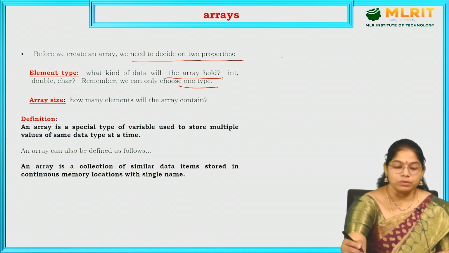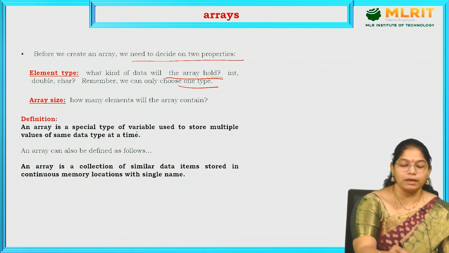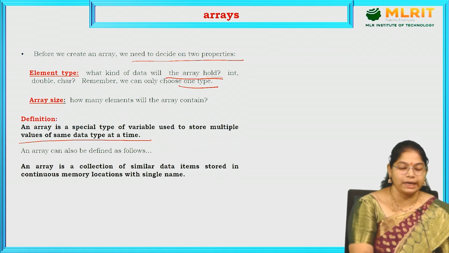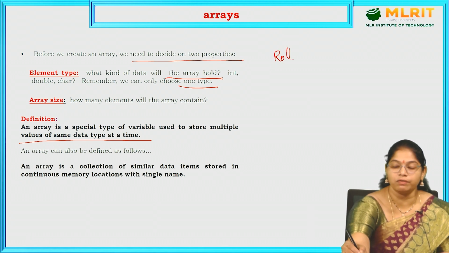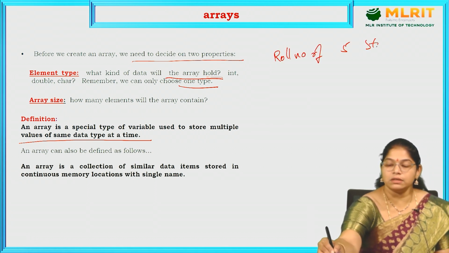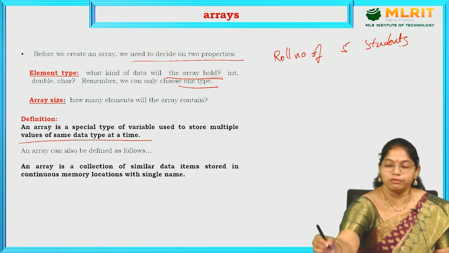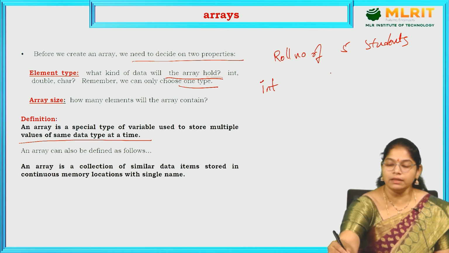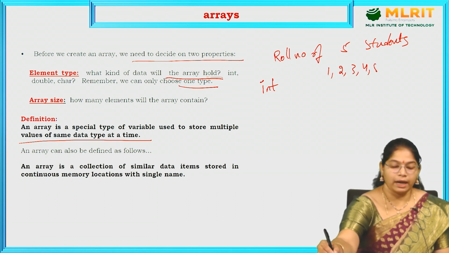An array is a special type of variable used to store multiple values of the same type at a time. Here I consider roll numbers of 5 students. Let us suppose I want to store roll numbers of 5 students, of integer type. Then the roll numbers of the students are 1, 2, 3, 4 and 5.